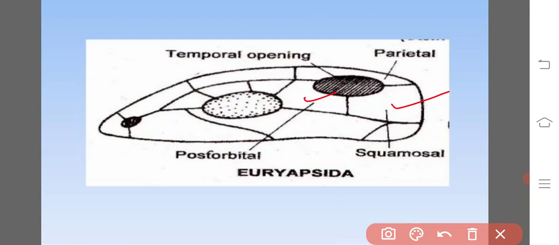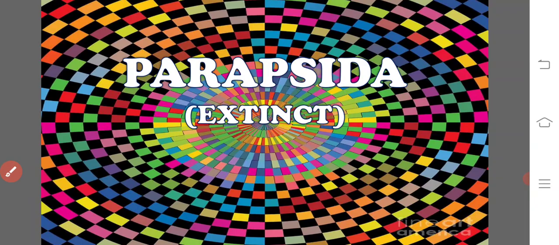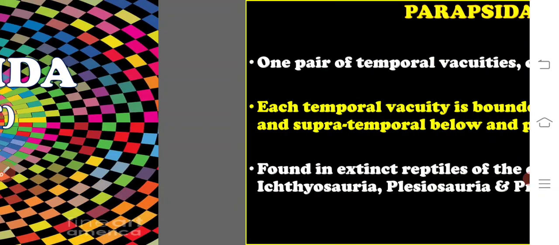So this kind of skull is found in extinct reptiles. Coming to the Parapsida type of skull, this was also found in extinct forms.